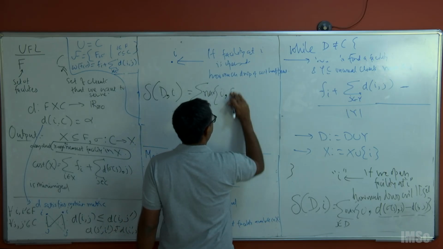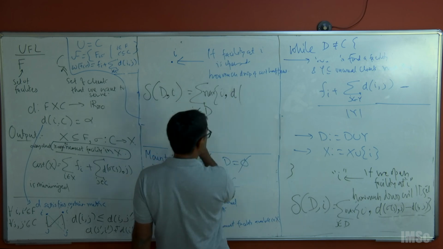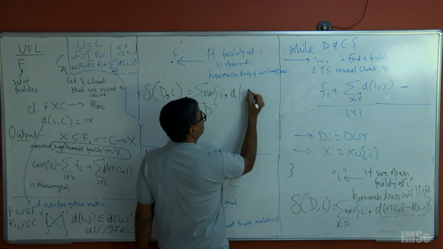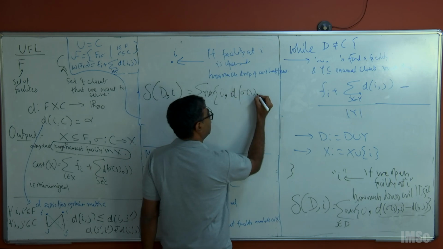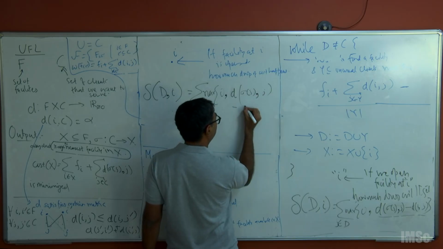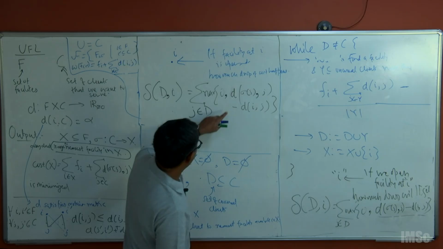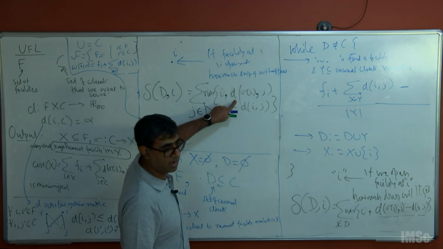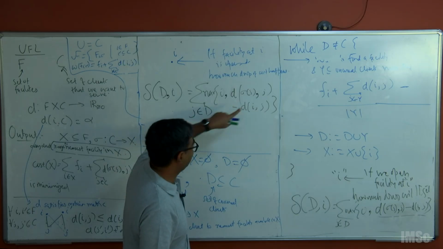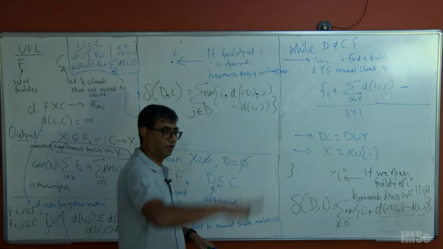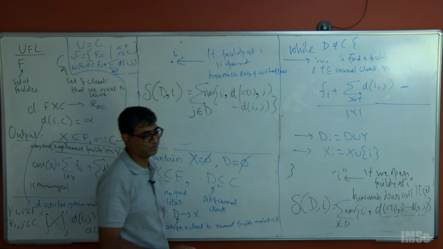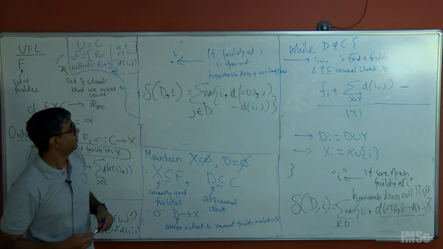Before you were assigned to sigma J, and now I am going to be assigned to I comma J, right? If this quantity is strictly greater than 0, then it will contribute. If this quantity is negative, meaning I am better off where I was before, then this will contribute 0. Then you don't drop anything from there.